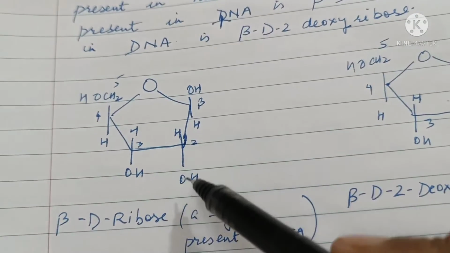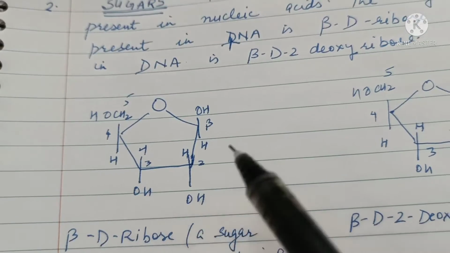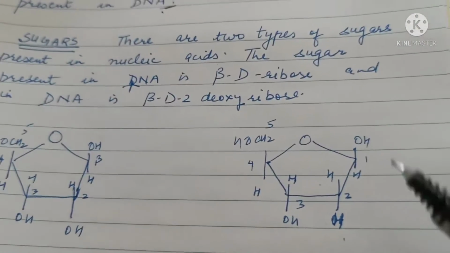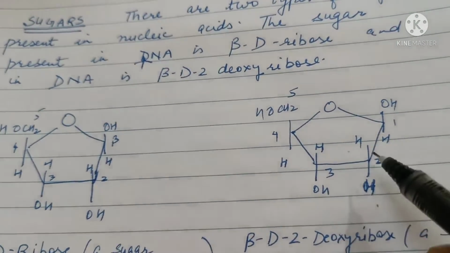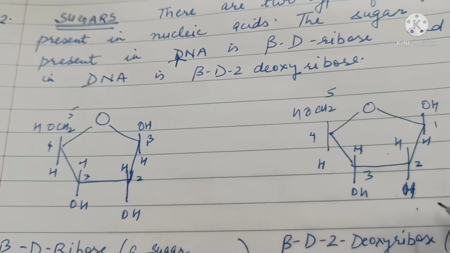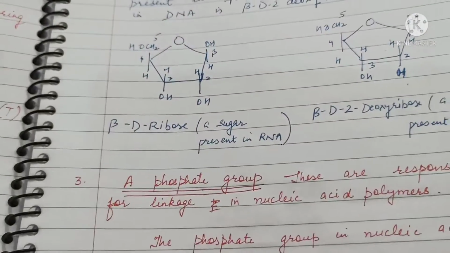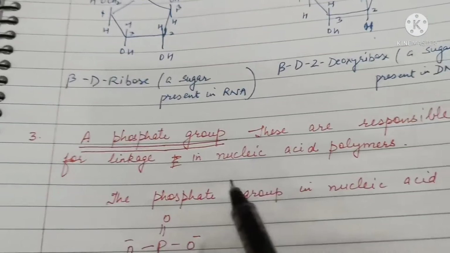At the second position, you have an OH group attached. In DNA, the oxygen is missing from the OH of the second carbon of ribose, so it is called beta D-2-deoxyribose.